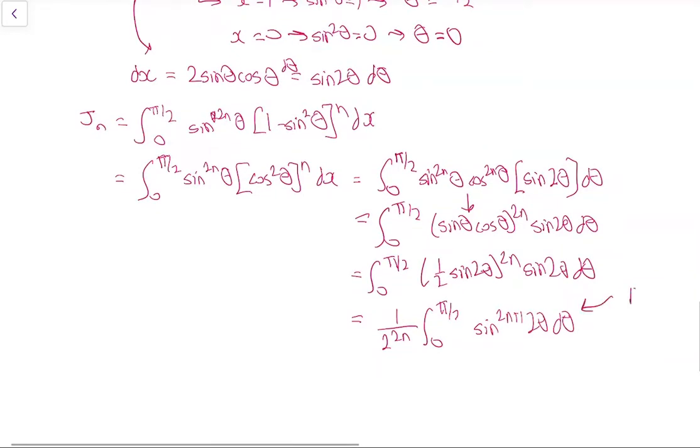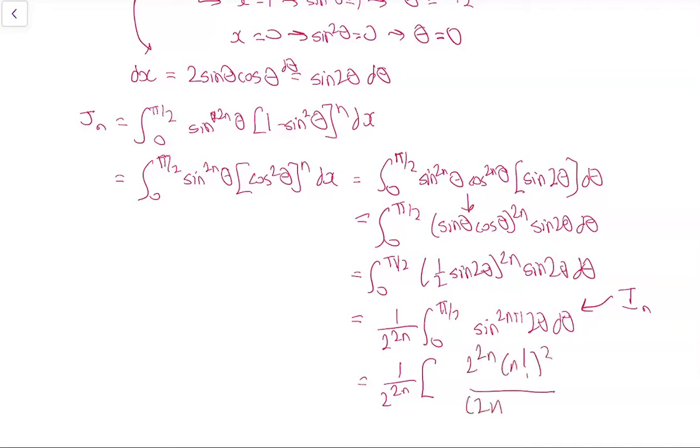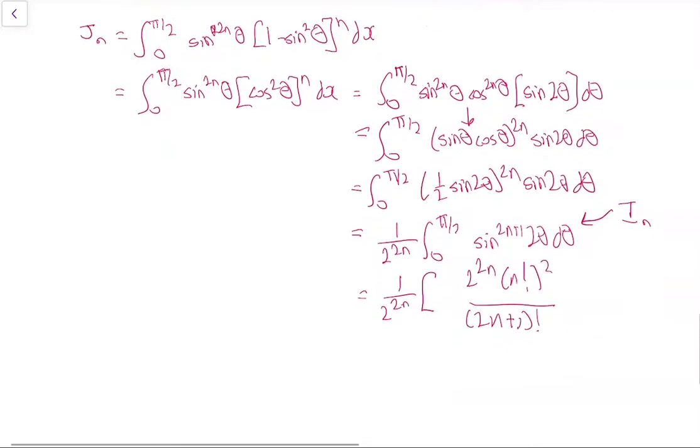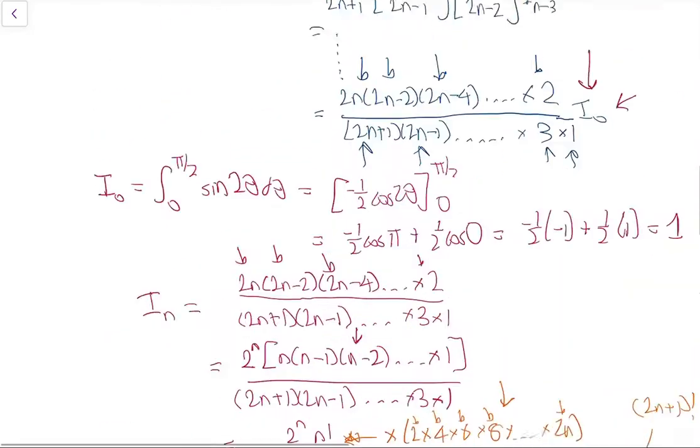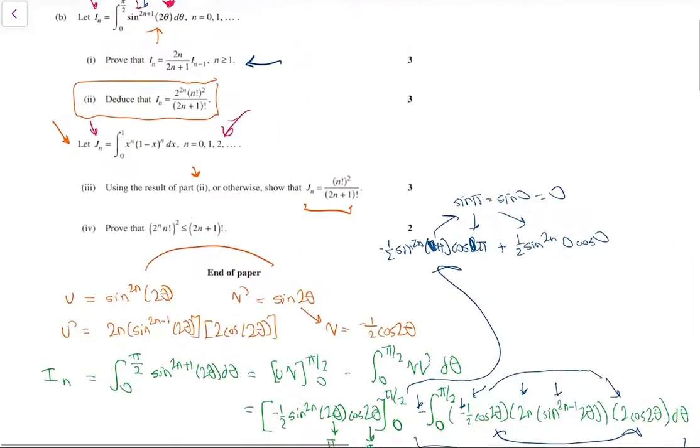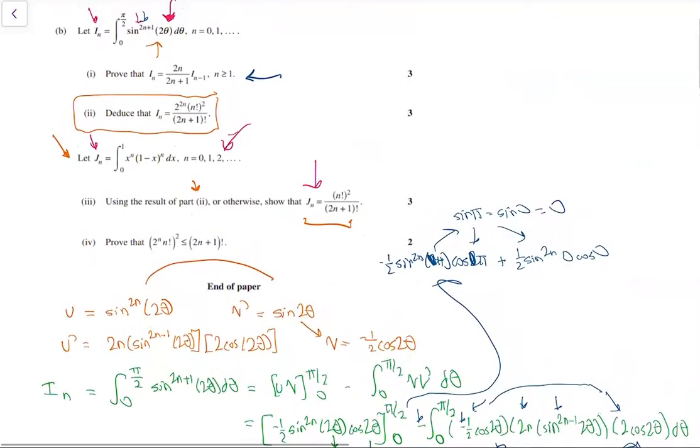This is in fact the same as In. So we have 1 over 2 to the 2n times, using the formula for In, 2 to the 2n n factorial squared divided by 2n plus 1 factorial. So we're cancelling out the 2 to the 2n's, and we just get n factorial squared divided by 2n plus 1 factorial. Okay, and that proves the value of Jn.